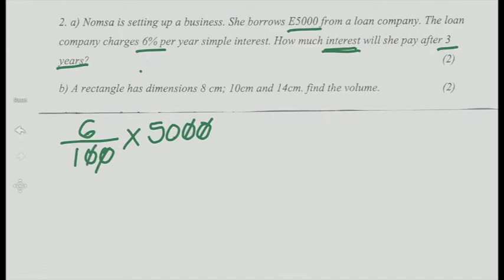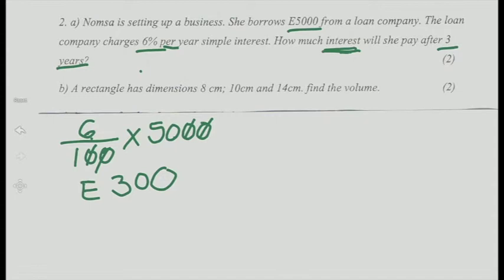We have 6 times 0 giving us a 0. 6 times 5 will give us 30, meaning that the interest per year is 300 emalangeni. The 6% of the 5,000 is 300. How much interest?